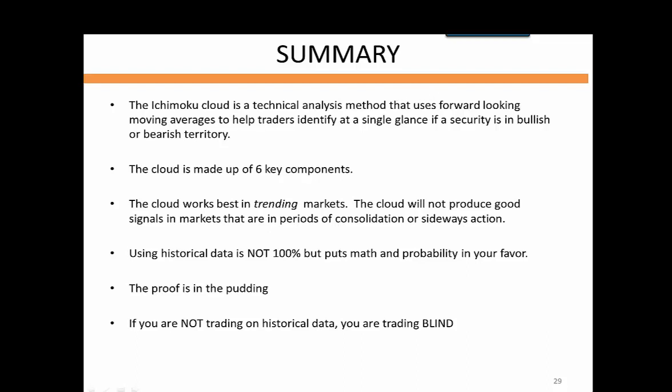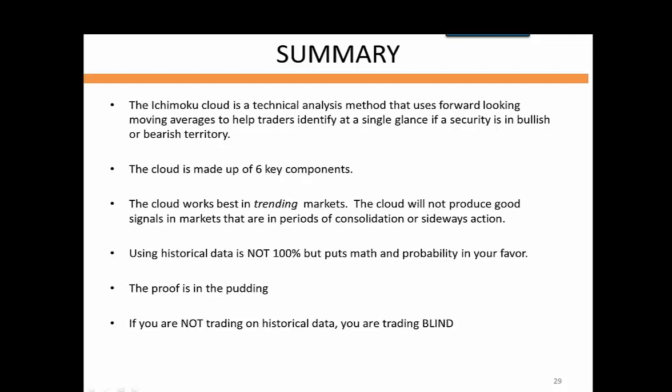Okay. So summary. The Ichimoku cloud is a technical analysis method that uses forward-looking moving averages to help traders identify at a single glance if a security is bullish or bearish. We kind of went over that for you guys. The cloud is made of 6 key components.